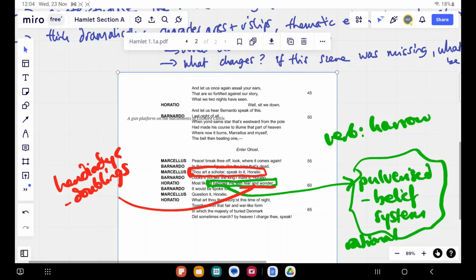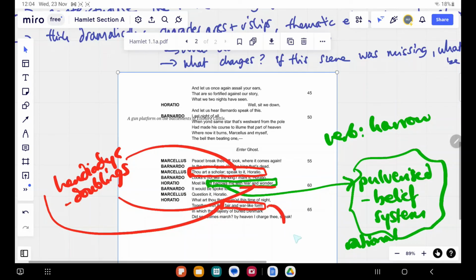So what does Horatio say? "What art thou that usurpest this time of night, together with that fair and warlike form?" There's more of that hendiadys again being used. Fair and warlike form, also contrasted ideas, aren't they? Slightly oxymoronic. Fair here meaning beautiful, but warlike, i.e. he's dressed like a warrior.